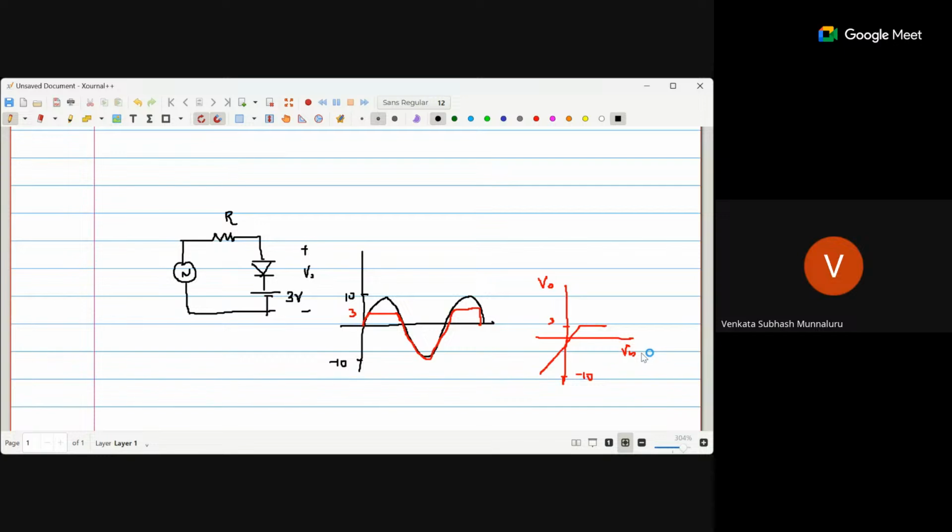In that time we are neglecting the 3 volts. Why are we neglecting? The 3 volts won't play any role in that case because the terminal of that voltage source is not connected.